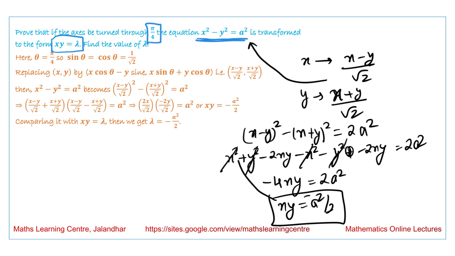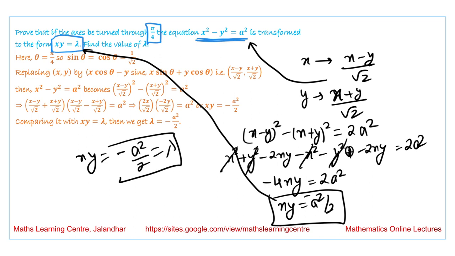So, this equation we have obtained, xy is equal to minus a square by 2, and we are substituting this value as lambda. So, this equation is transformed to the form xy is equal to lambda, where lambda is equal to minus a square by 2.